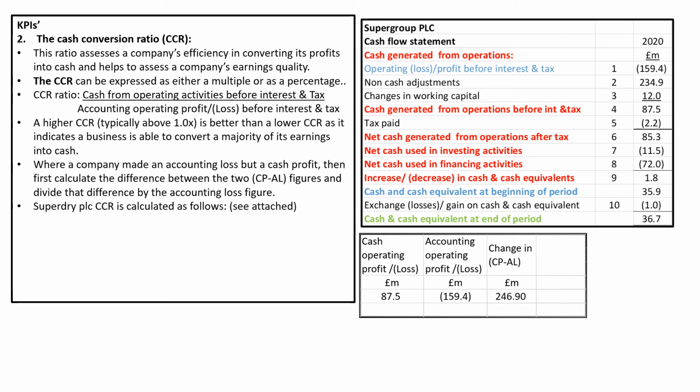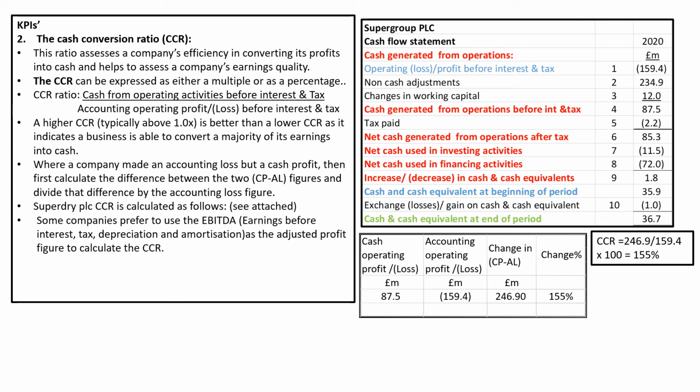The difference between the cash profit and the accounting loss is 246.9 million. What you then do is divide that difference, 246.9, by the accounting loss of 159.4, times 100, and you get 155%. You can express that as a multiple also, as 1.55.